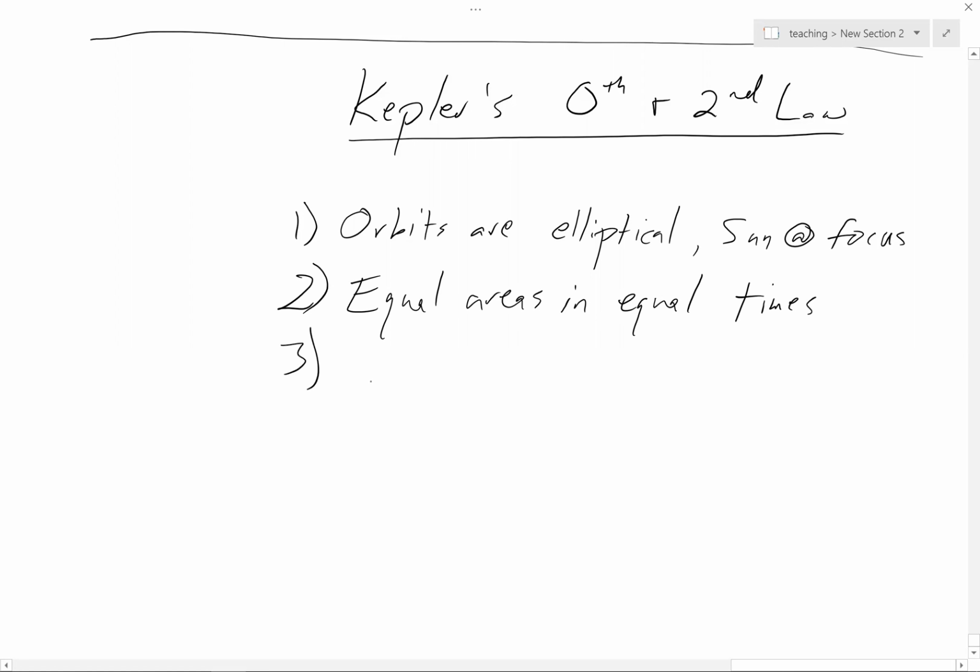And the third one is that the period squared is proportional to the mean distance cubed. Anyway, we're not going to worry about these two in this one. We're just going to focus on the second law.